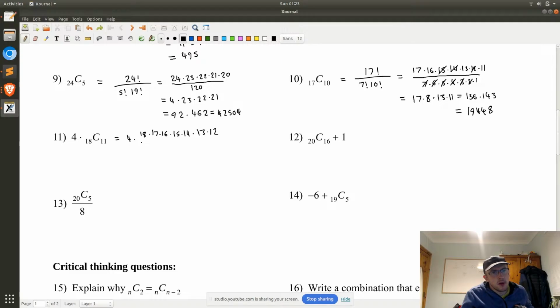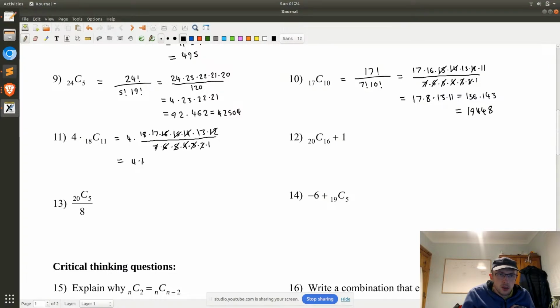No. All that divided by 7 factorial. 11 and 2, strike off 14. 5 and 3, strike off 15. 6 and 4, strike off 12, turn 16 into 8.